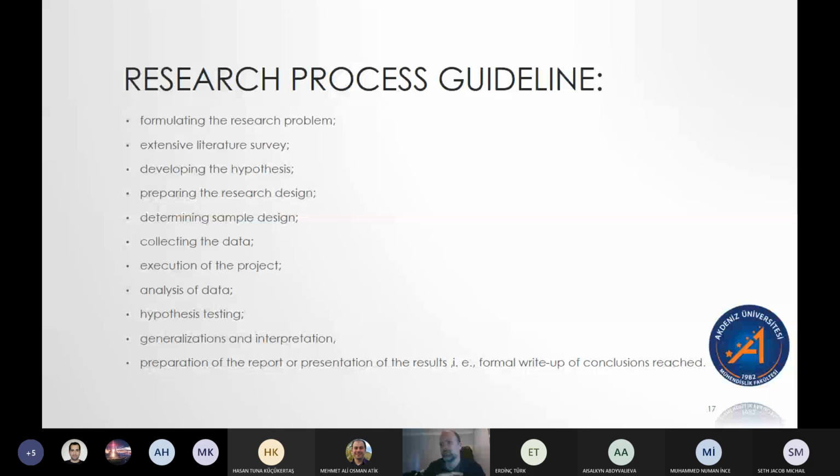Once that's done, you analyze the data and test your hypothesis. Does the data prove or disprove the hypothesis, or neither? There are often times where the data doesn't do either, right? And what do we do in a situation where the data doesn't disprove the hypothesis, but it also doesn't confirm it?